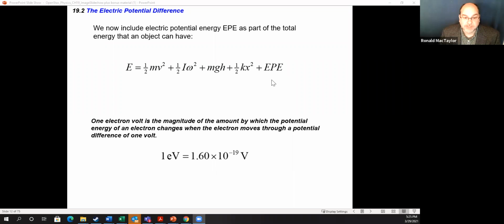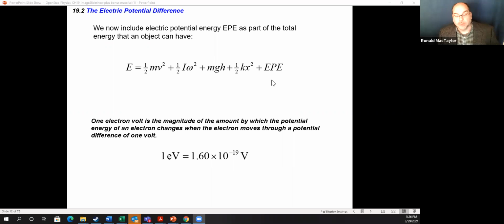there is this thing that we talk about in talking about how much energy is going on in a certain situation, and we call it the electron volt. It's the energy of an electron when it moves through a potential difference of 1 volt.